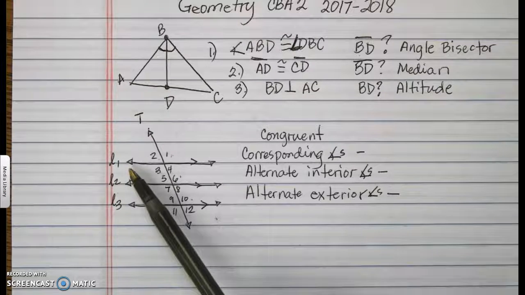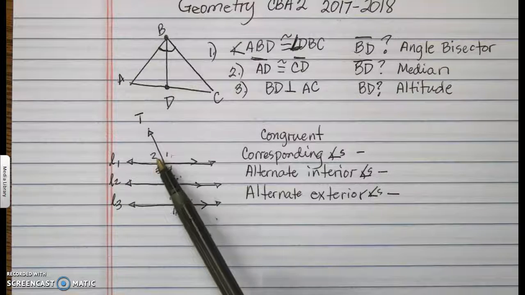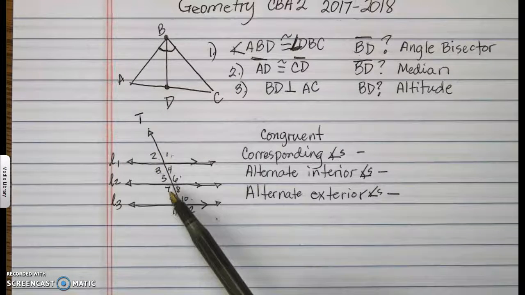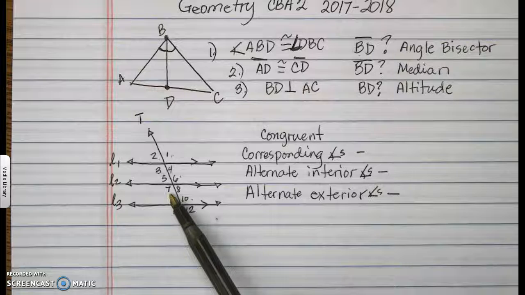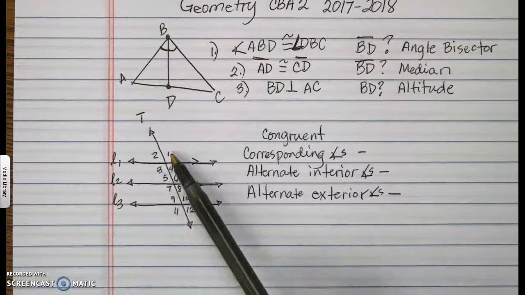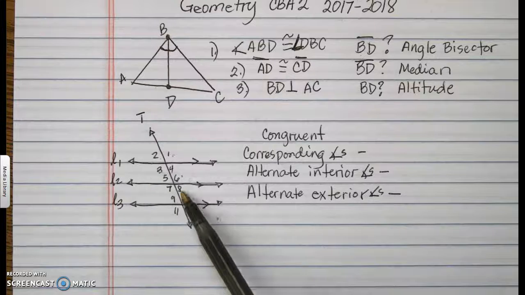So now let's go to alternate exterior. In regards to lines 1 and 2, alternate exteriors are as follows. 2 and 8 is one pair. 1 and 7 is another pair. Oh, no, they're not all congruent, but each pair is congruent. So 1 and 7 will be congruent, and then 2 and 8 will have another measurement different from 1 and 7, but they're congruent.